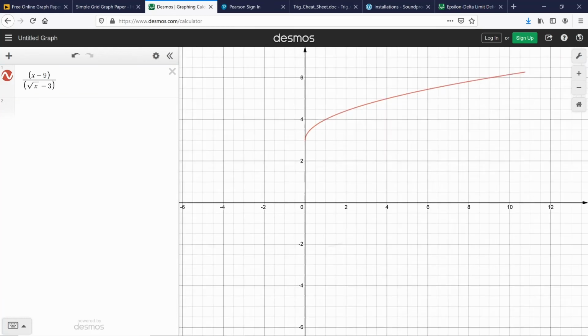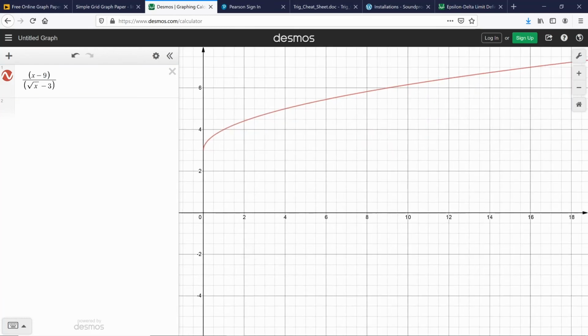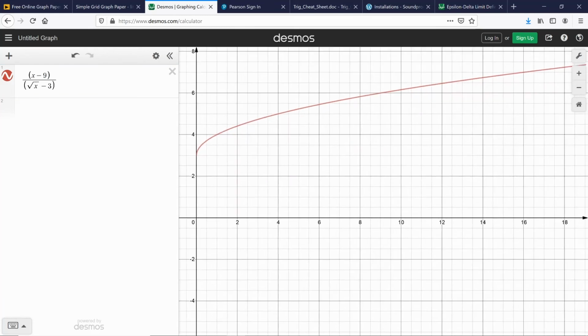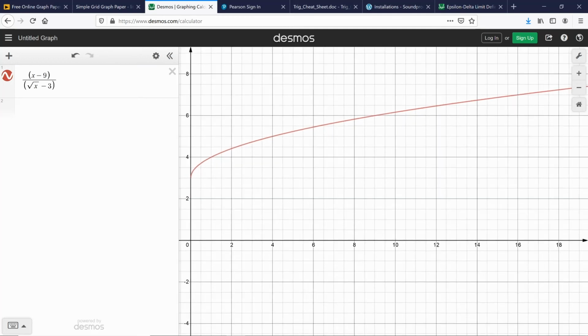I was curious what's going on with that function around x equals 9. When you look at the graph, there's nothing remarkable going on at the x value of 9. It just looks like the y value is about 6. So already I'm thinking probably the limit is 6.